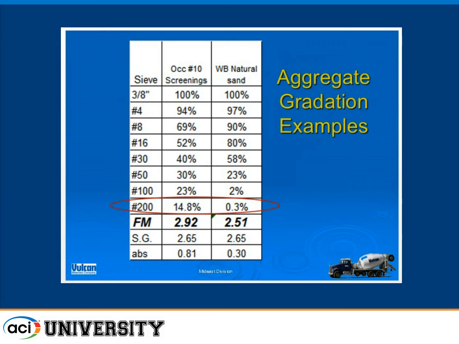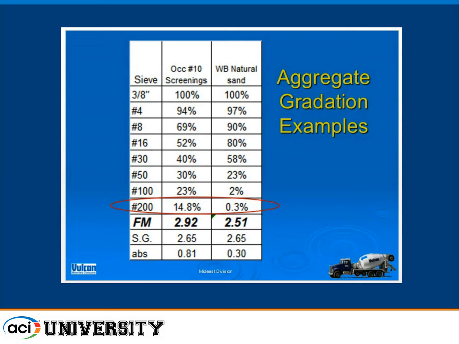So the gradation examples here: number 10 screenings. In this particular one that I have, the minus 200 is 14.8%. In contrast, the natural sand in my system has 0.3% minus 200.